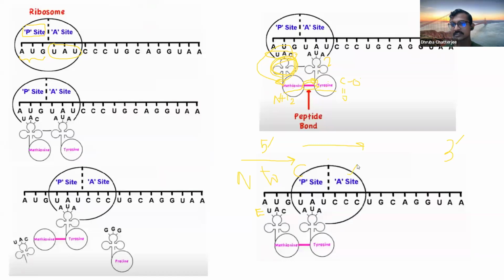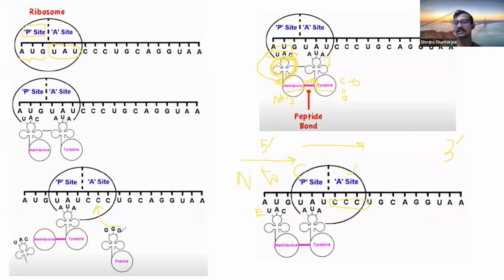Whereas this A site now gets vacant and is available for one new tRNA having the anticodon region which is complementary to the codon, and thus bringing in one particular amino acid residue that this codon encodes for, which you can see in this next figure.